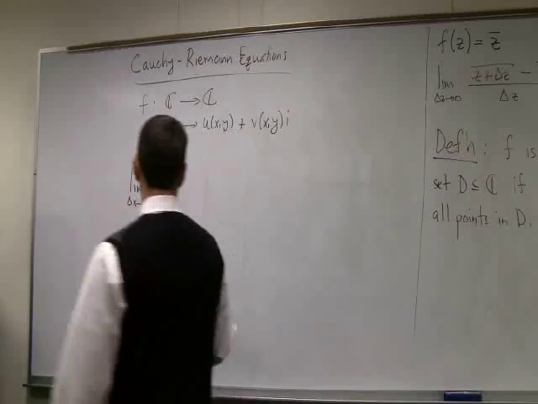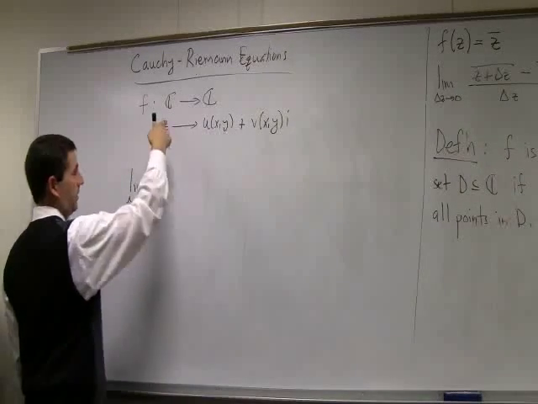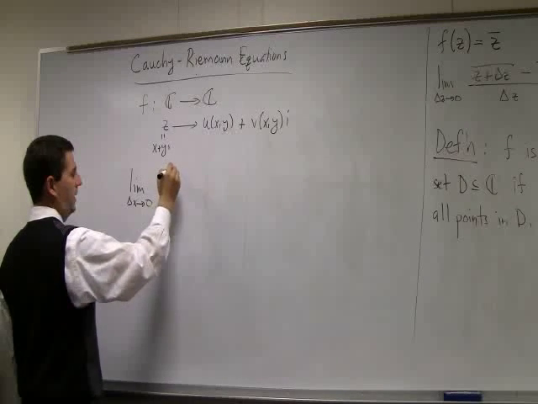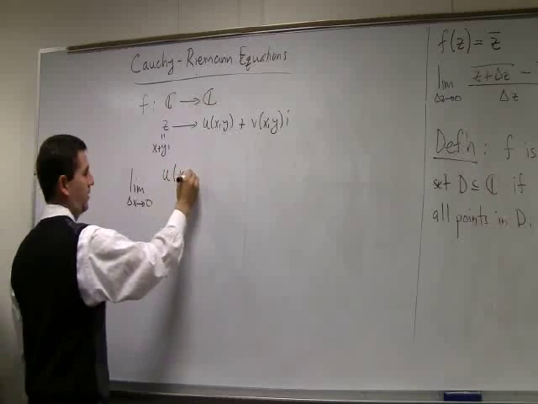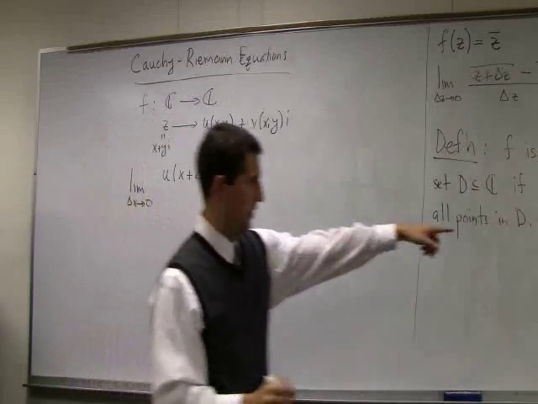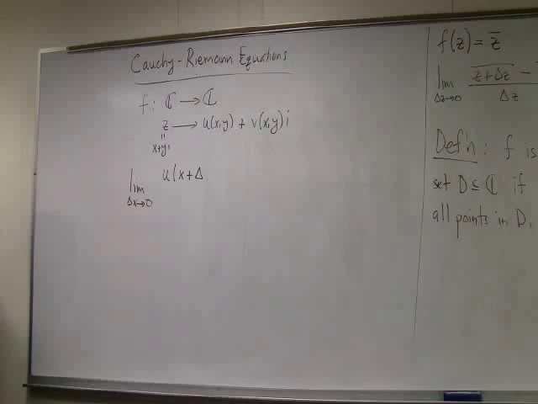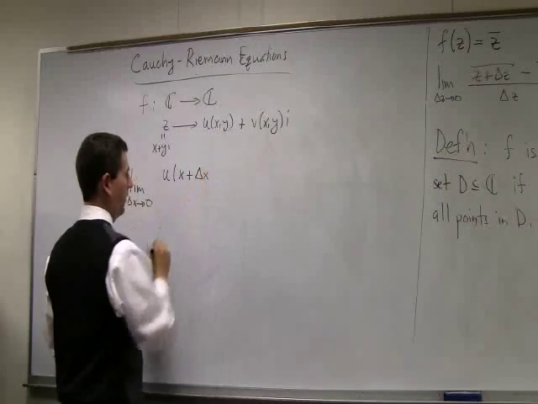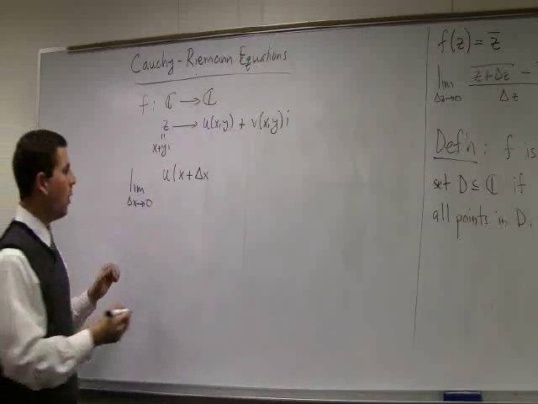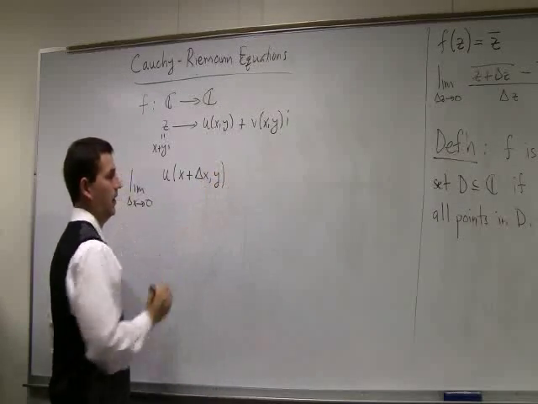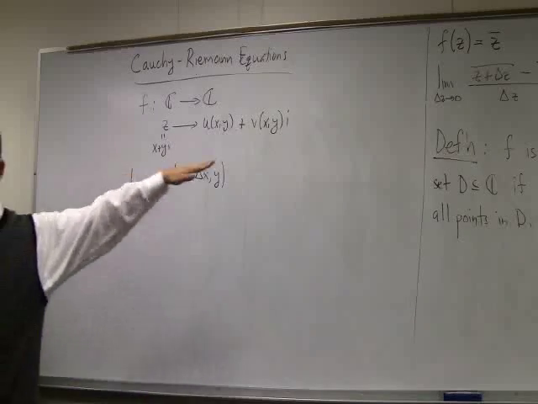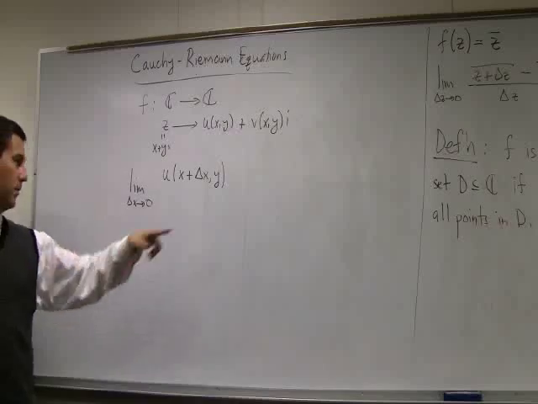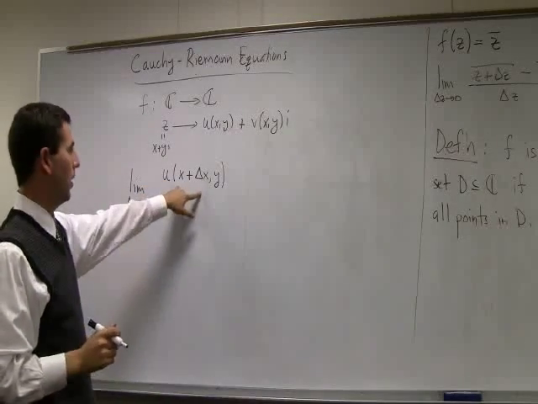Again, z I can write as x plus yi. It eats x plus delta x, so I'm just changing the x coordinate, and the y coordinate is staying fixed. As I move along the real axis, the imaginary part isn't changing. So this is the u part.